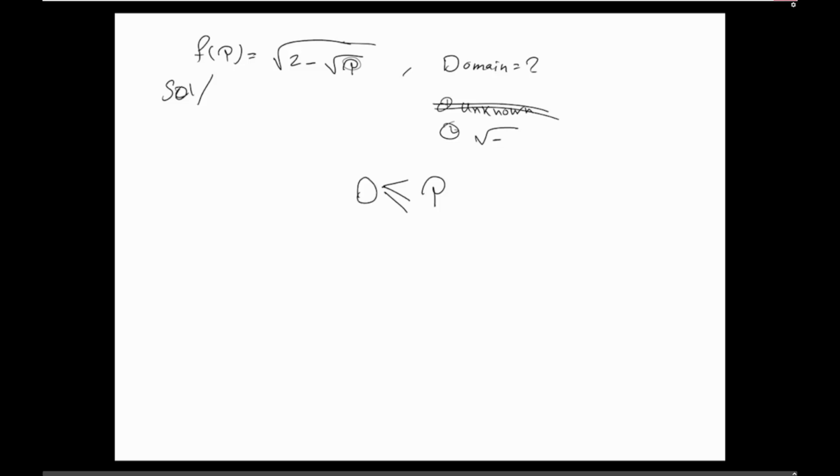So this is our first side, but it could be 0 or bigger than 0 and go all the way to infinity. But the problem is, if we go all the way to infinity, this value will grow bigger, and because we have 2 minus the root here, if this value goes bigger and bigger, we're going to end up with a negative result.